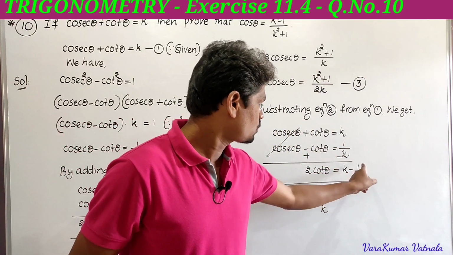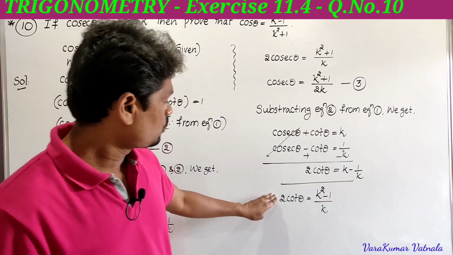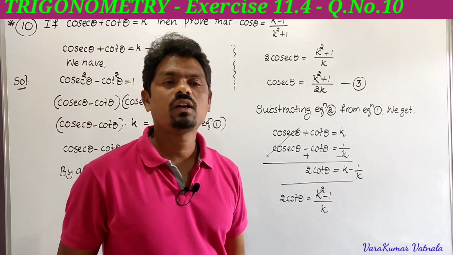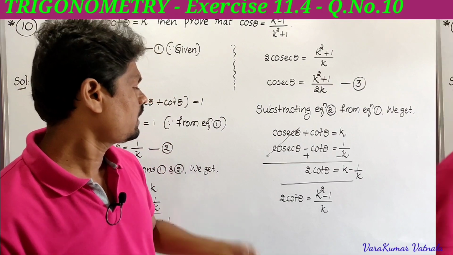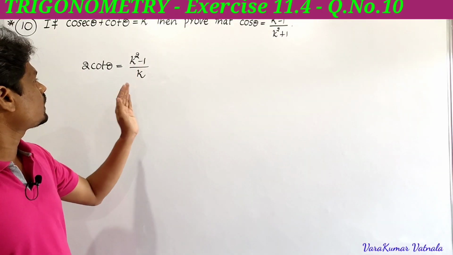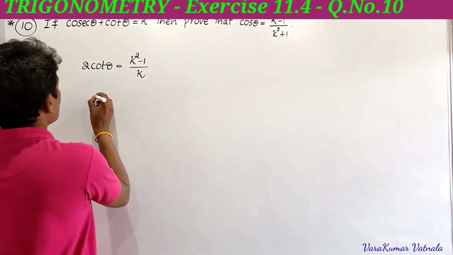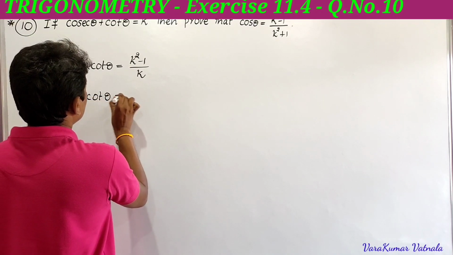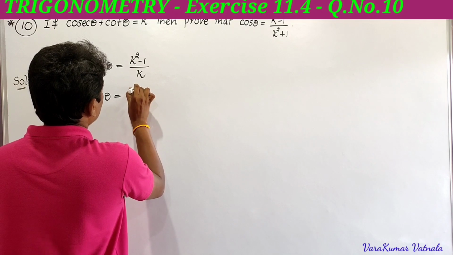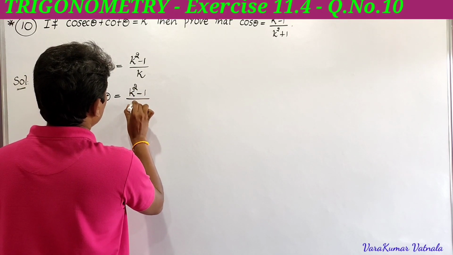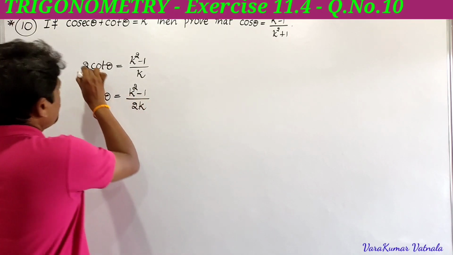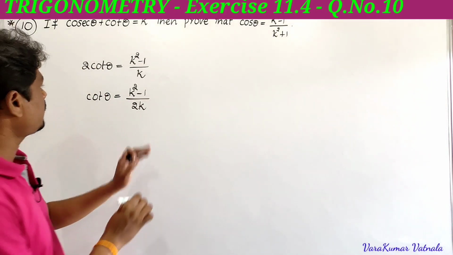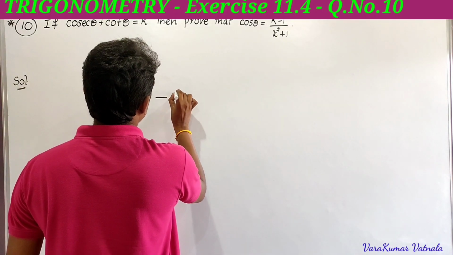So by taking 2 to the right side, what we get, cot theta equal to k square minus 1 by 2k. Here 2 is multiplying, if you take it to the right side, it divides. Let it be equation number 4.